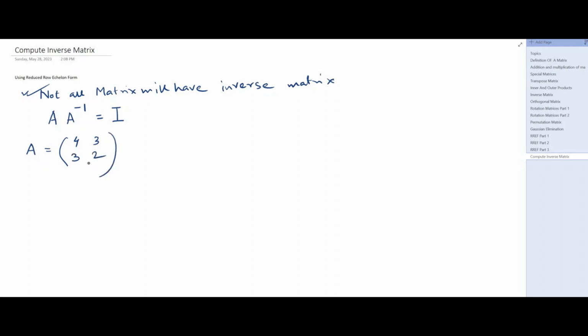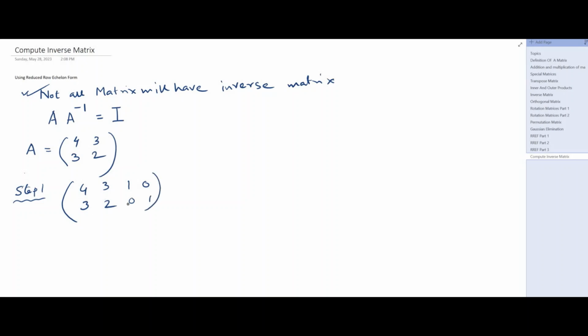Probably like this. And the general guideline to solve this problem is, as step 1, create an augmented matrix using the identity matrix. So in this case, if you just put the identity matrix here, this will be your augmented matrix.